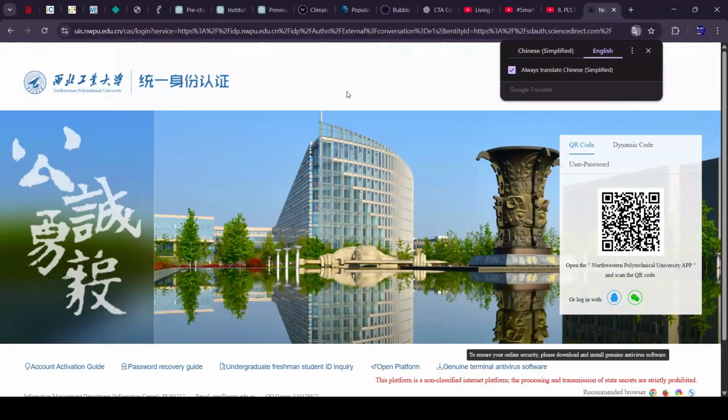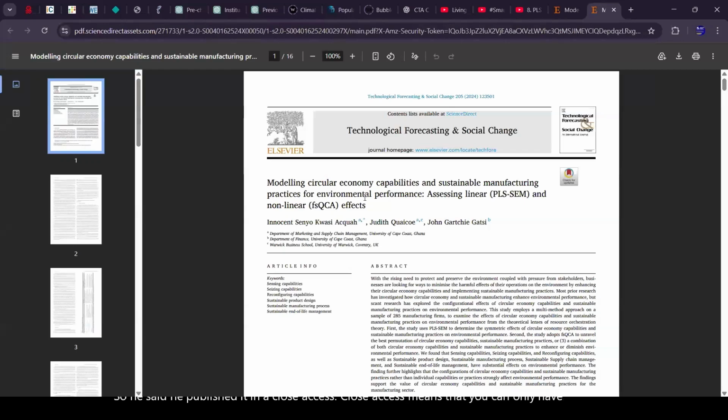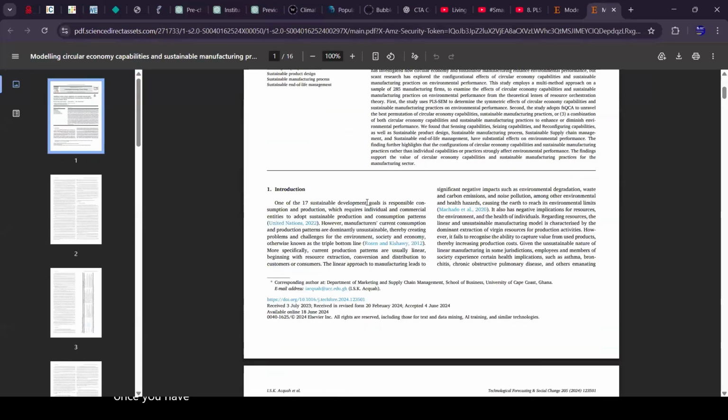I can only have access with my institution, so let me log in with that. His paper is published in closed access. Closed access means that you can only have access once you have paid or your institution has access and allows you to do that.